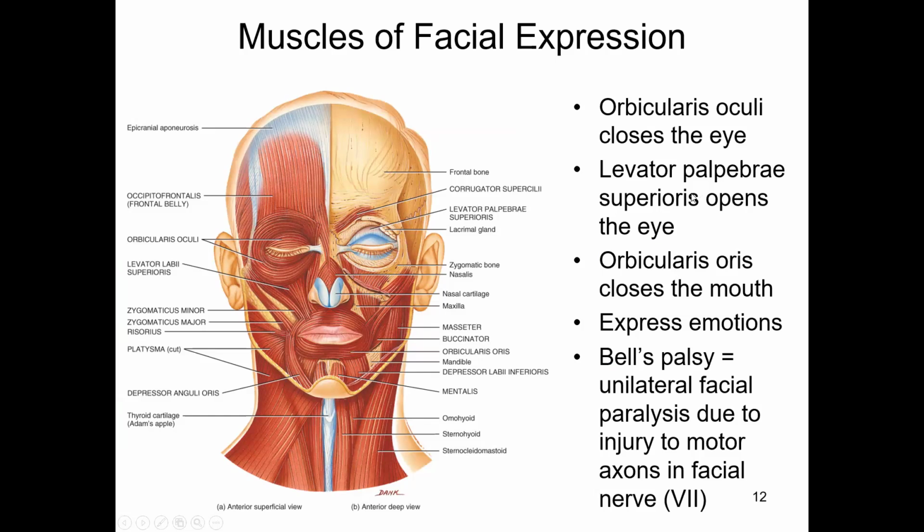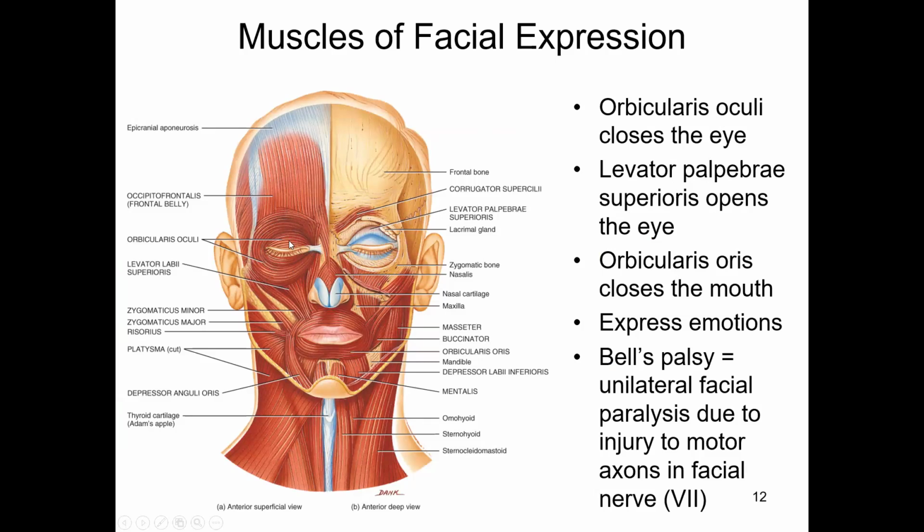We are not going to cover this muscle in the lab, levator palpebrae superioris. So orbicularis oculi, this circular muscle right here, closes the eye. But to open the eye, we need to actually lift, elevate the upper eyelid. So the upper eyelid, palpebrae superioris, will be elevated by the levator muscle.